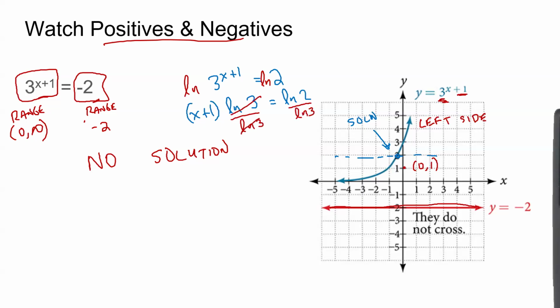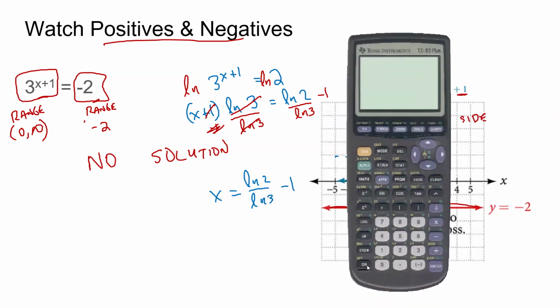That will cancel it on the left. And then I could subtract 1 like that to get this off. And now my x is by itself. And I very simply have x equals natural log 2 divided by natural log of 3 minus 1. And my calculator says that that has an answer.